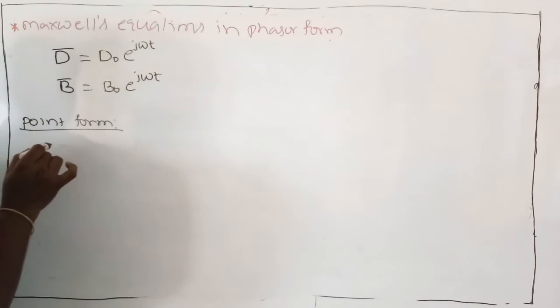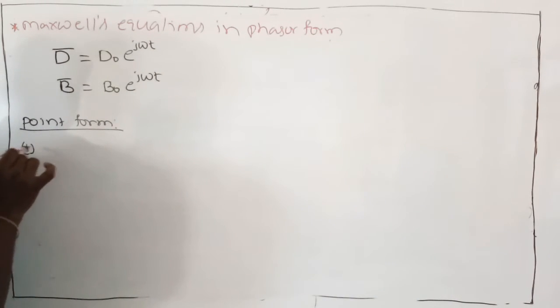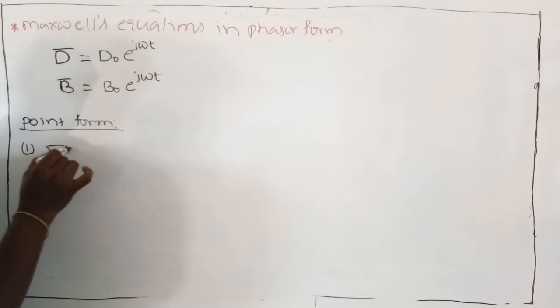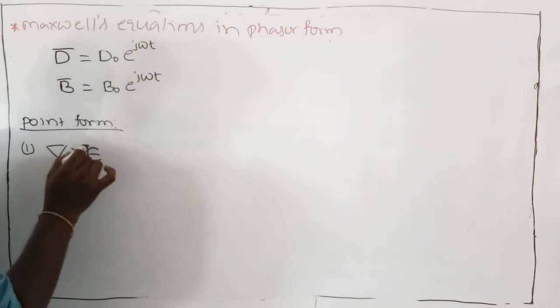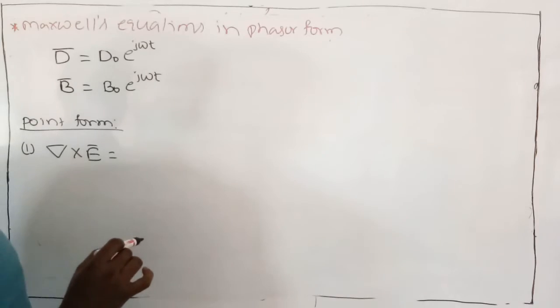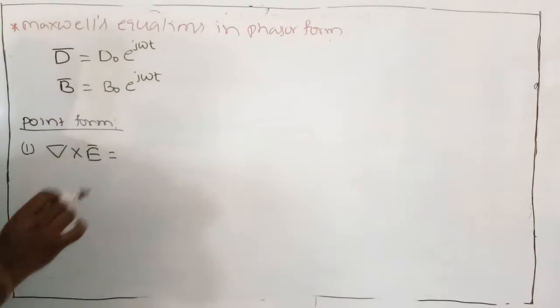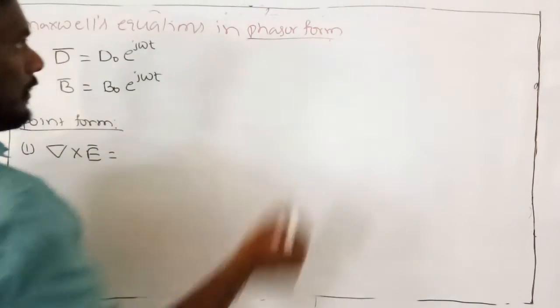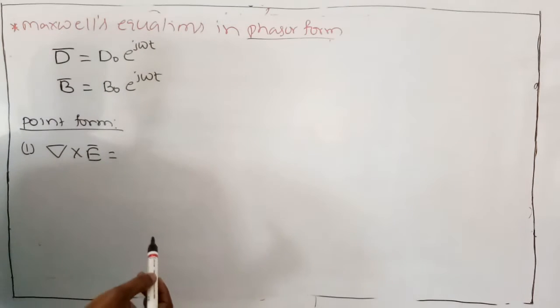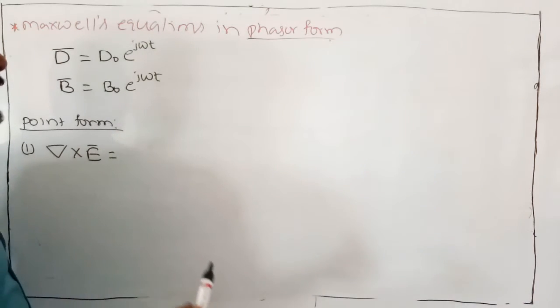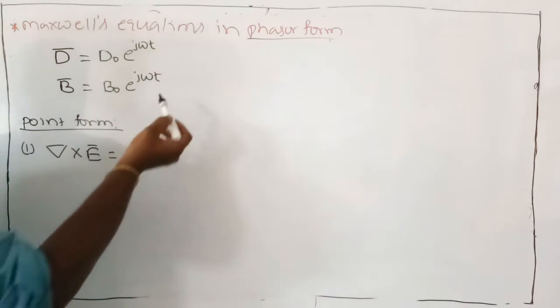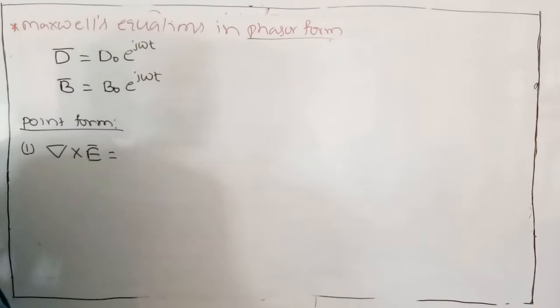What is the point form of Maxwell's equation derived from Faraday's law? The first equation which we derived is del cross E bar is equal to, which is for what? Time variant fields. So phasor form is always for time variant fields. Phasor is having magnitude as well as direction. So that's why we should express the Maxwell's equations for only time variant fields.